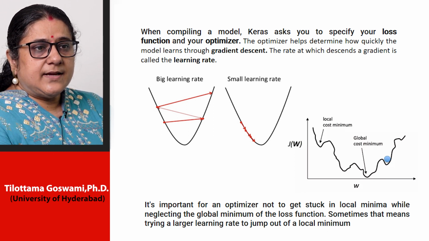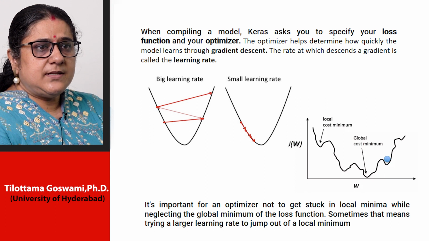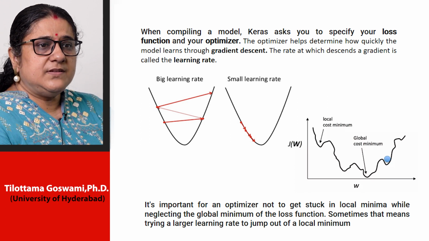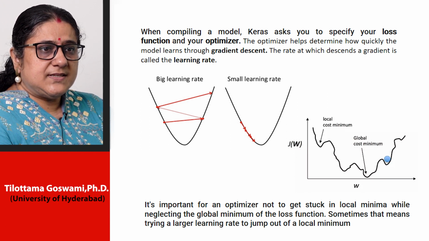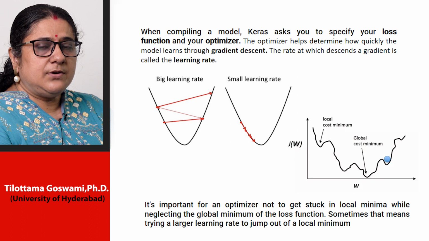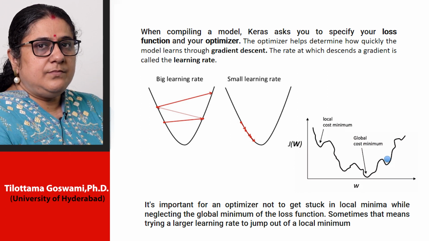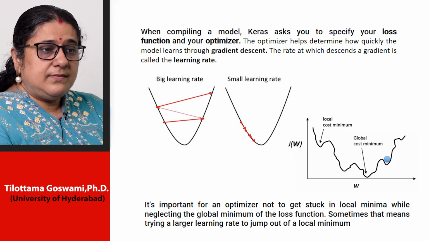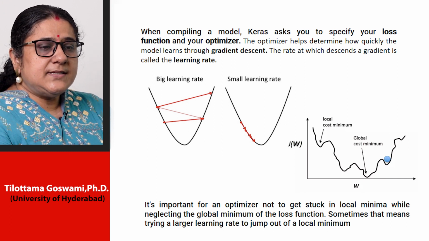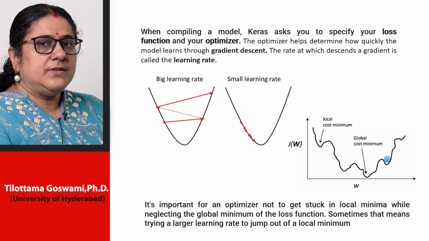It is important not to get stuck in a local minima. If we see in the diagram, the local cost minima and the global cost minima, our objective is to reach the global cost minima. If the cost is stuck at the local minima and is not able to come out of it, then we won't be able to minimize the error. To solve this problem, we have to take a larger learning rate to jump out of the local minima.